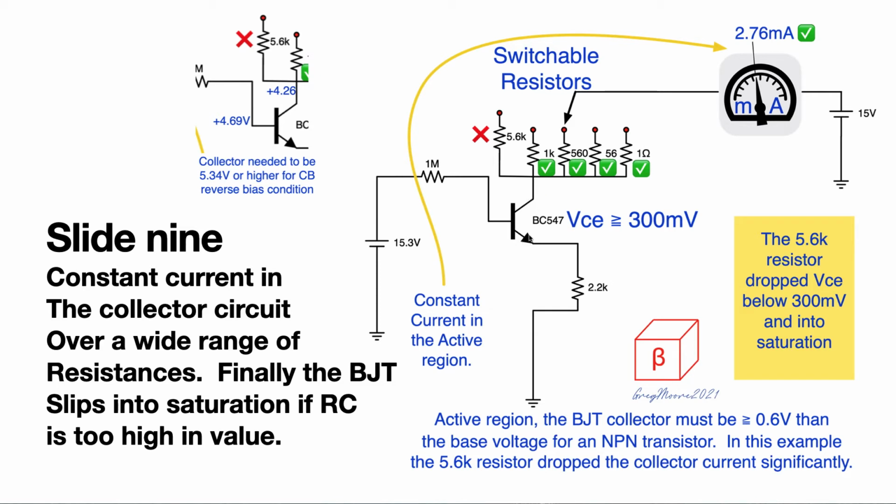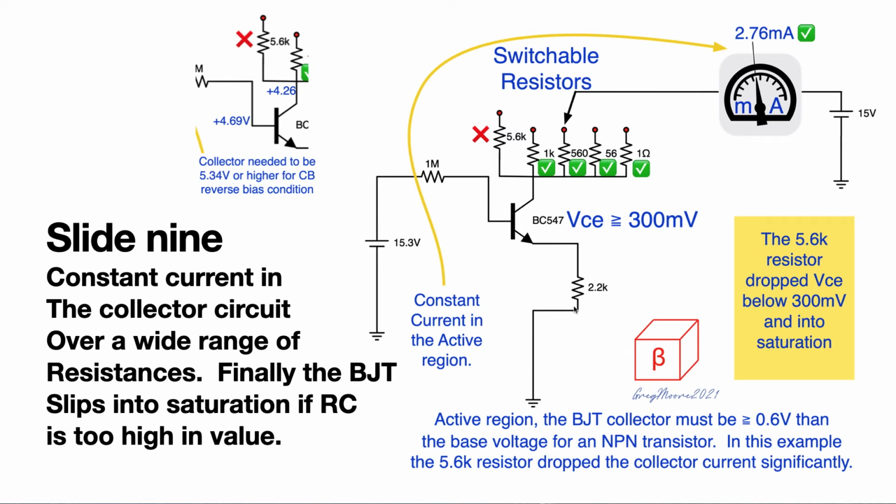It's a dynamic resistance. It changes to compensate and keep the current set to where the base and emitter circuit set it to. You'll recall in that very first PowerPoint in part 1, this was coloured in green, this section through this resistor and this resistor.